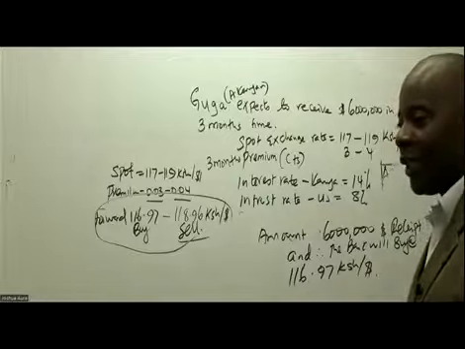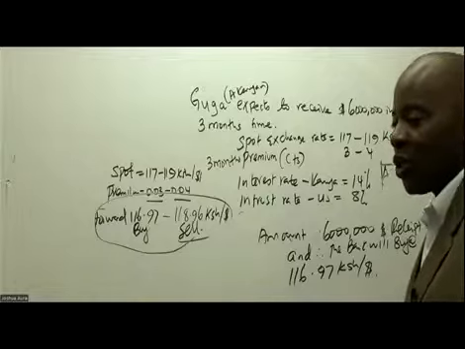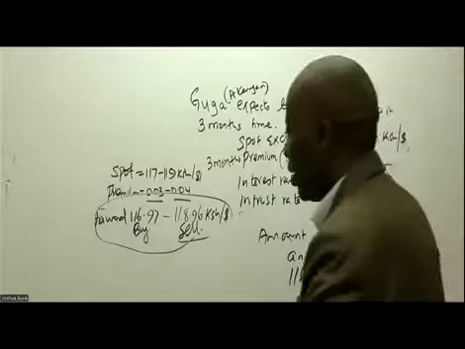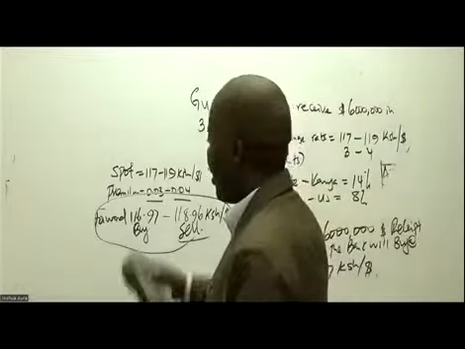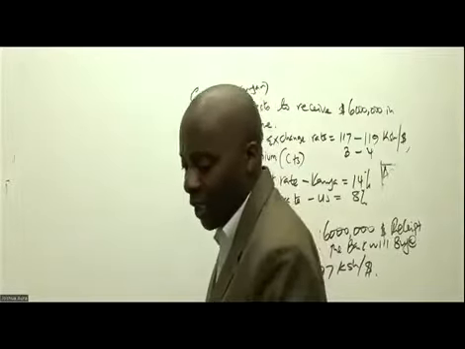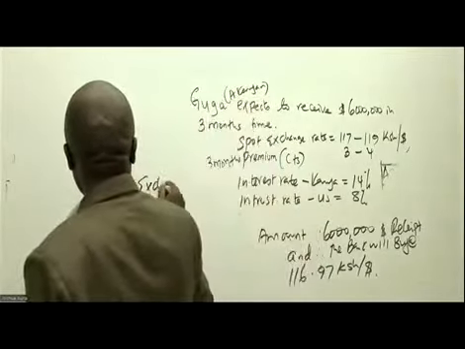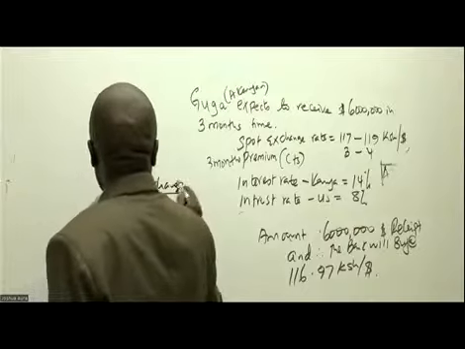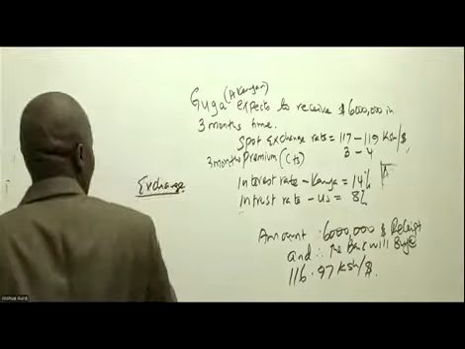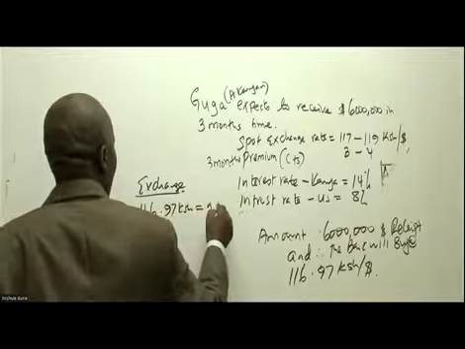Okay, great. Now after this, I know at the end of the day what is to come: do the exchange. So we have 116.97 Kenya shillings equals $1.